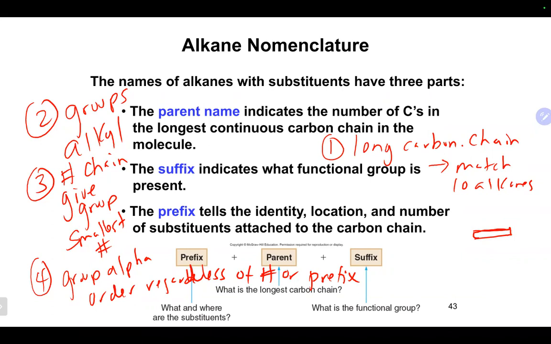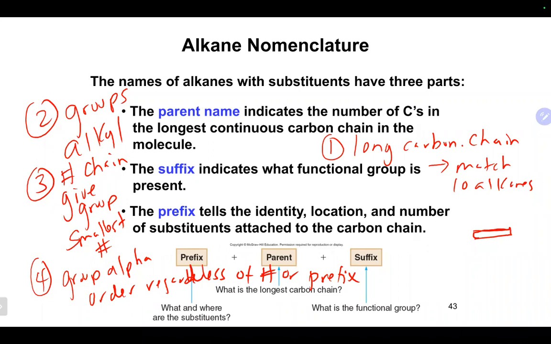Maybe your ethyl is at carbon 5 and your methyl is at carbon 2. You would list your ethyl first, even though it has a higher number. Again, maybe you have an ethyl group and 2 methyl groups in that compound. So that'd be ethyl and dimethyl. You would ignore the prefix di and go with ethyl first over methyl. So we ignore both of those things.